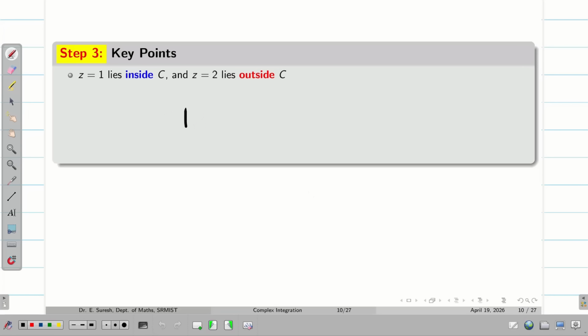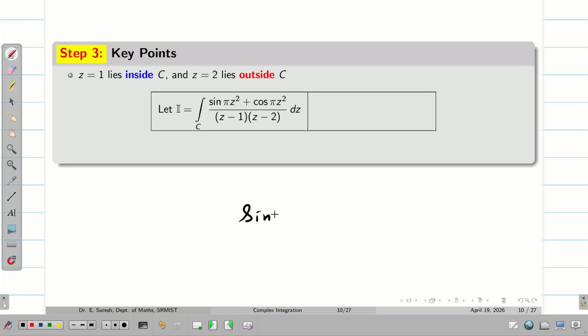As usual, step 3, consider capital I as my question. Just now in the previous problem, we saw sin pi z square and cos pi z square are entire functions. Therefore, sin pi z square plus cos pi z square is also an entire function. Now, when you come to the denominator, z minus 2 is a singular point, but it lies outside C. So it will not affect the problem.